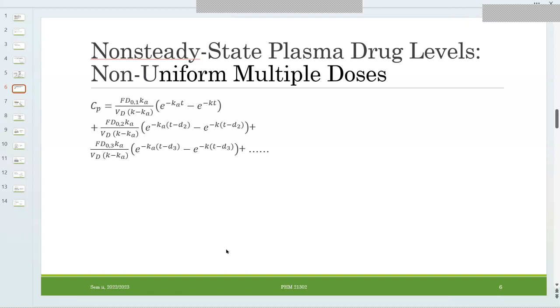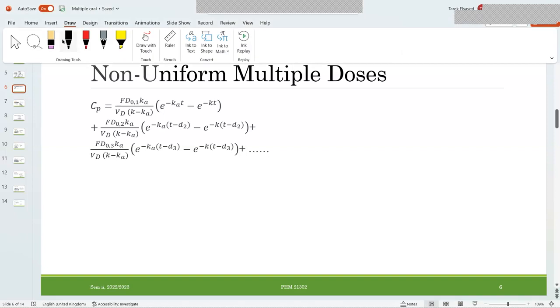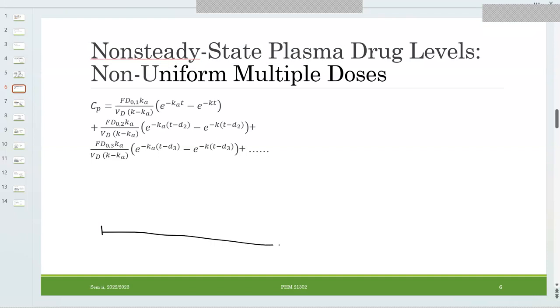Superposition principle. We draw the same timeline. And then, okay, time 0, dose 1 equals how much was given. And then at what time the second dose was given, at what time the third dose was given, and at what time we want to determine the concentration.